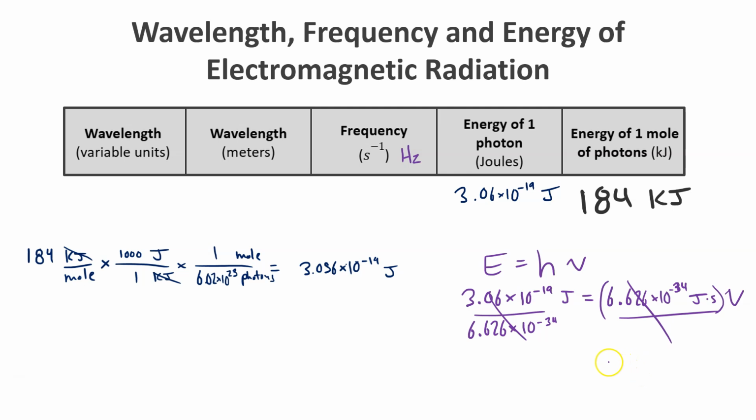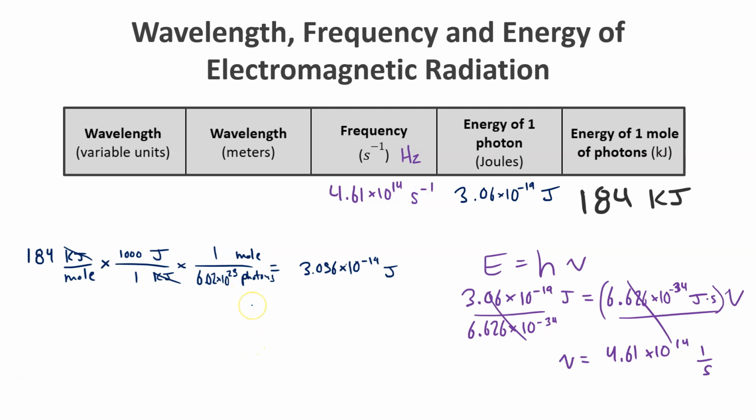And that's going to leave me with the frequency equals 4.61 times 10 to the 14th, and that's going to again be in 1/seconds. After those joules cancel out, I'll have seconds in the denominator, and that is my official answer for frequency. Let's write it down up top. 4.61 times 10 to the 14th seconds to the negative 1.